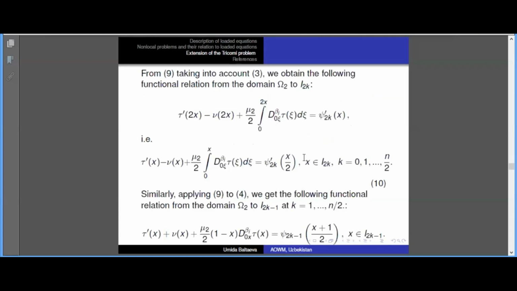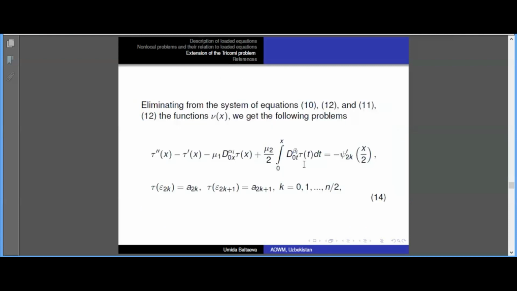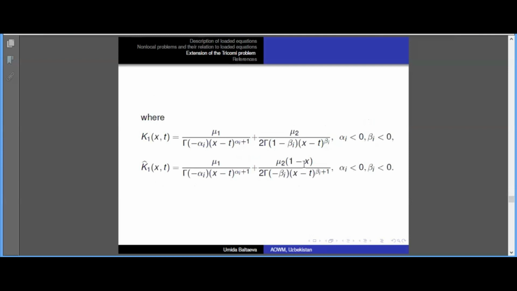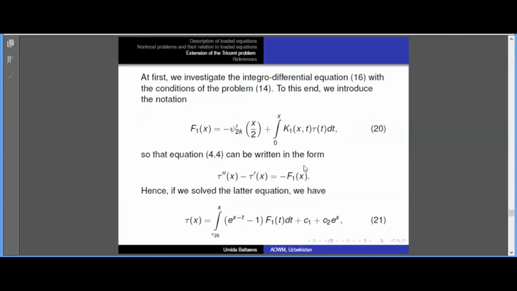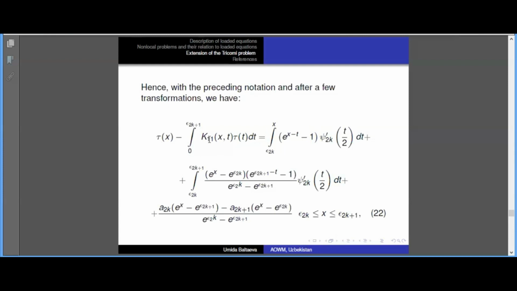In the same way, we can receive the integro-differential equation for odd k also, and equivalently reduce it to an integral equation of Baltaeva type, with singularity less than 1.